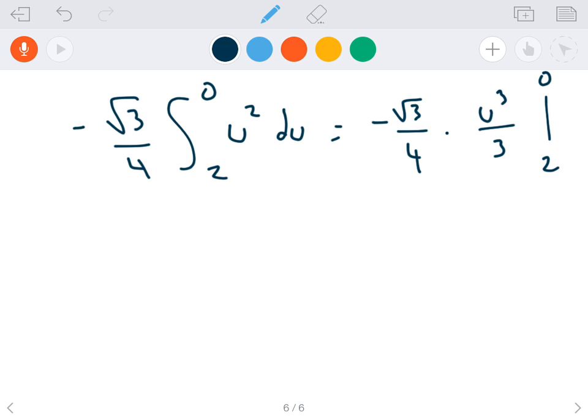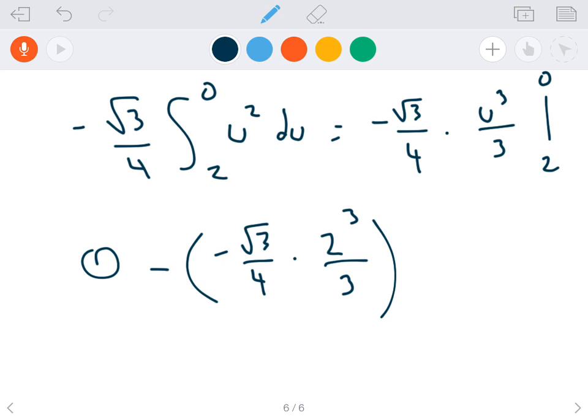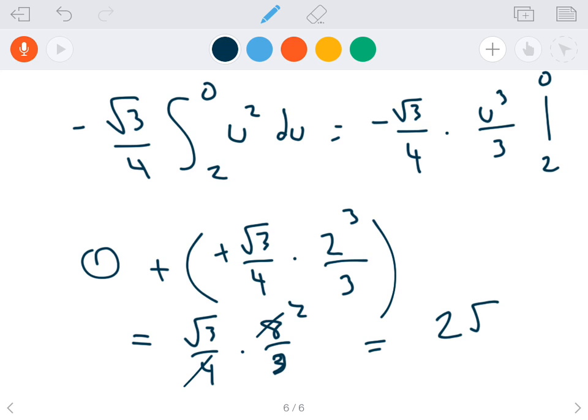If I plug in 0, I'll get 0 minus, now when I plug in 2, I still have my constant, times 2 cubed over 3. And then it's just a matter of simplifying. The negatives cancel out. We have square root of 3 over 4 times 8 over 3. That simplifies to 2 square root of 3 over 3.